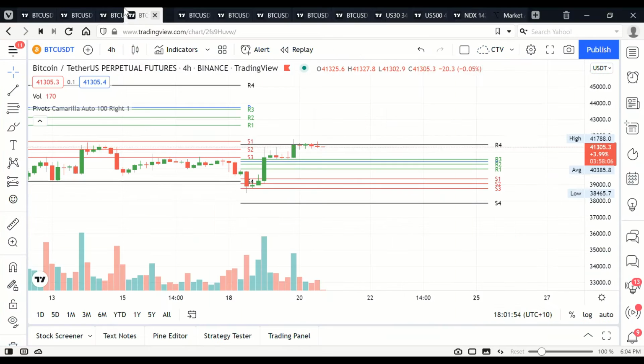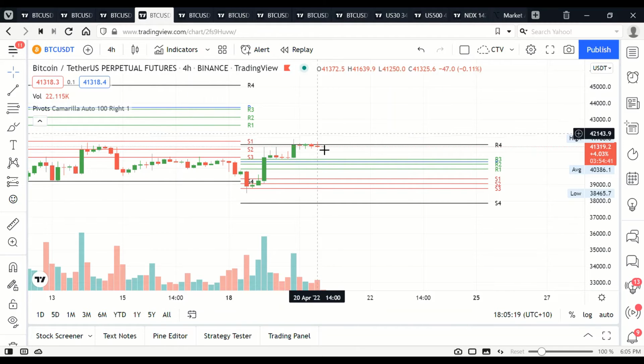If we look at the Camarilla pivots, what we are seeing is it took a support at the S3 level. It surpassed the pivot level with this leader candle, consolidated a bit, and put another candle with an attempt to cross R4.